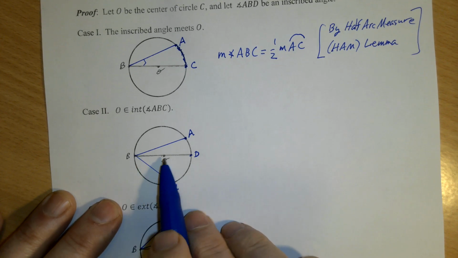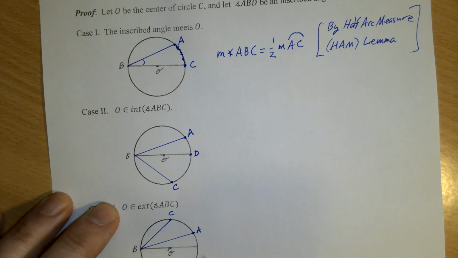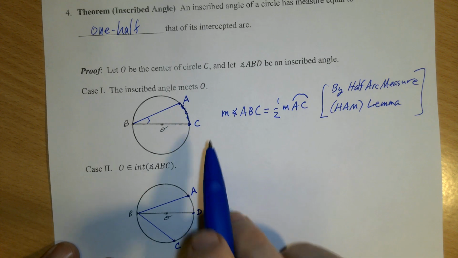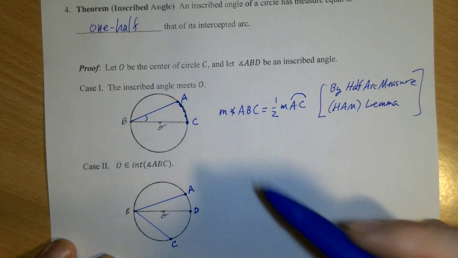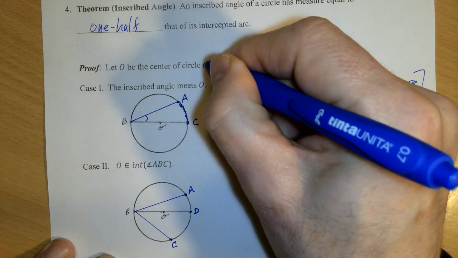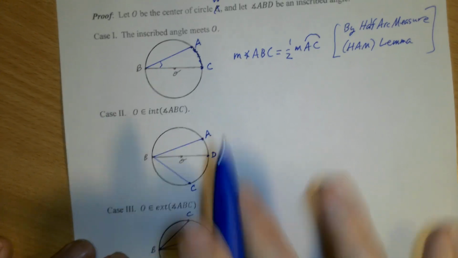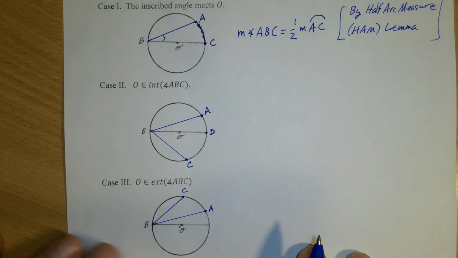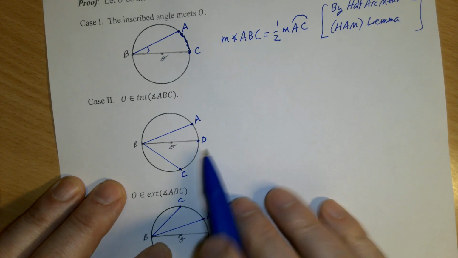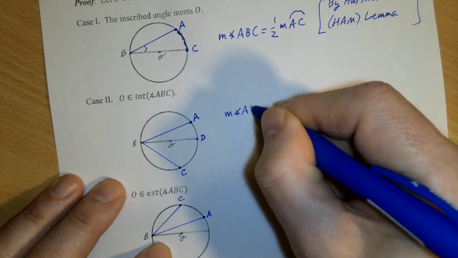In this case, we have that the center of the circle is in the interior of the angle ABC. Maybe I shouldn't have called it ABC if I'm calling the circle C. So let O be the center of circle W. That doesn't change anything in here. Now what we're trying to look at is the measure of angle ABC.